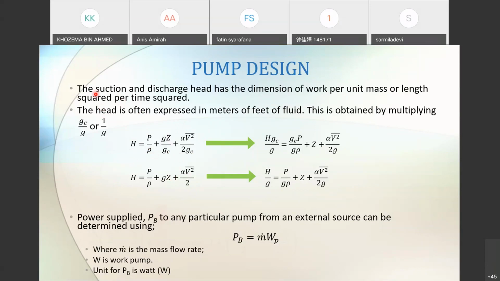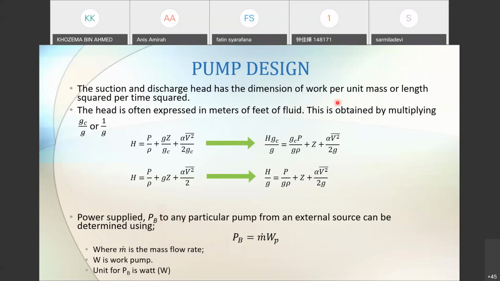So usually the suction and discharge heads have the dimension of work per unit mass, or length squared per time squared. Now make sure you understand this properly. What does it mean by work per unit mass?